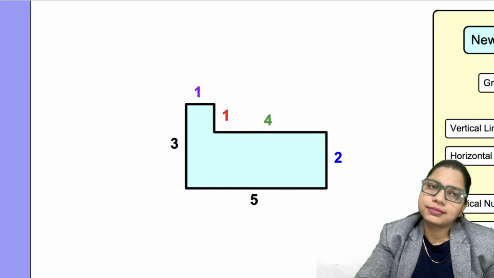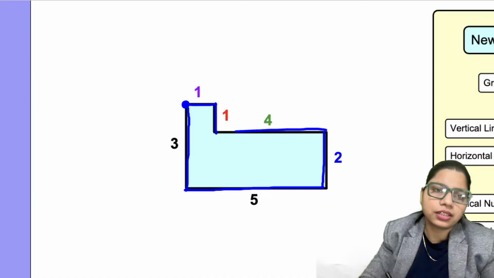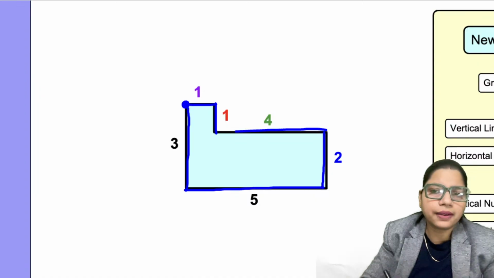The perimeter, let's start from here. Okay, 1 plus 1 is 2, plus 4 is 6, plus 2 is 8, plus 5 is 13, plus 3 is 16, right? 16 centimeters if the length is given in centimeters. Let's move to the next question.